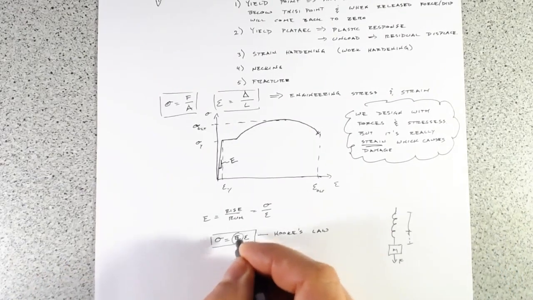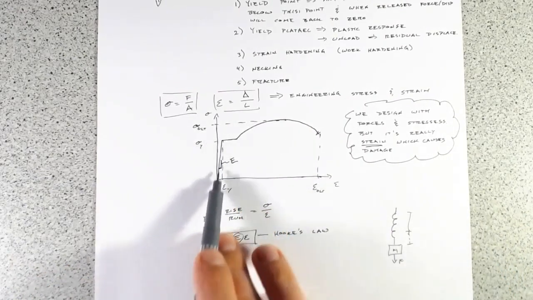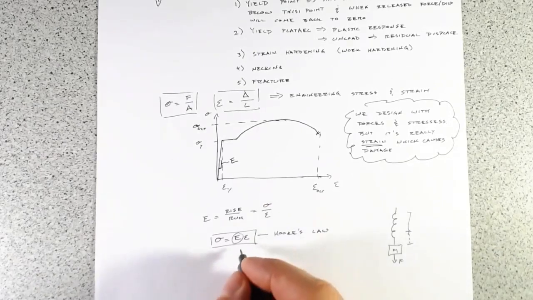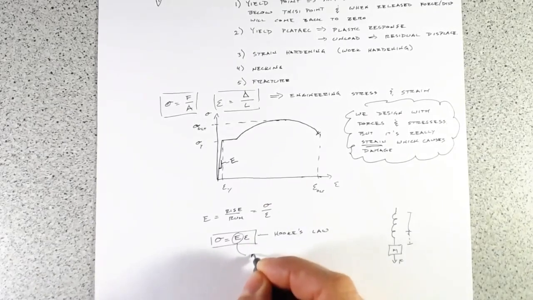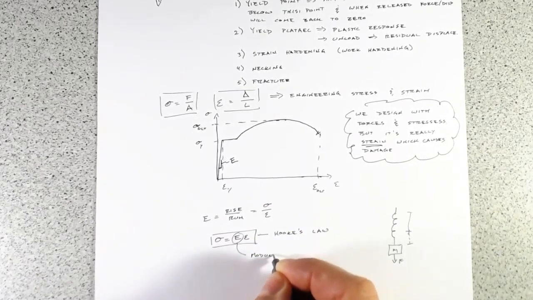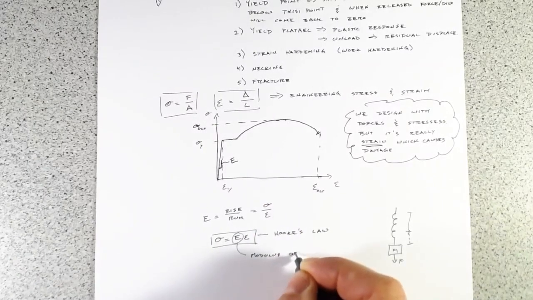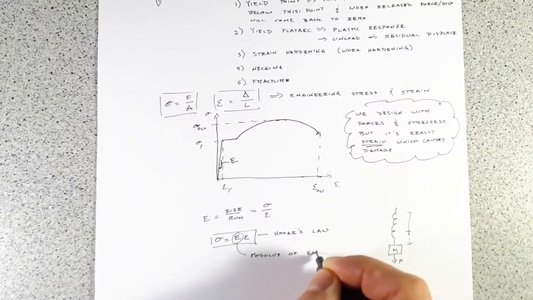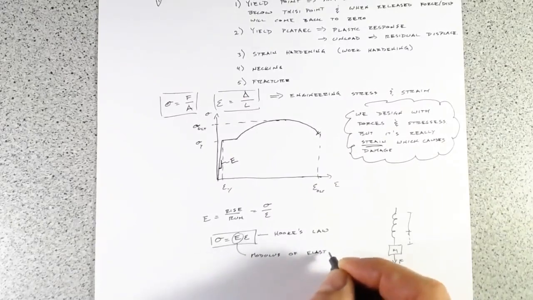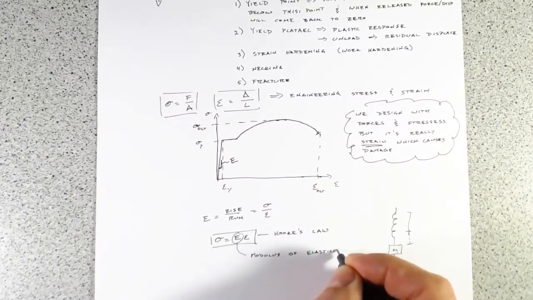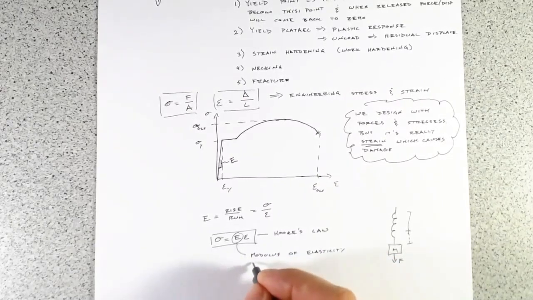But also this big value E, the slope of this line, has a special name. This is called the modulus of elasticity, also known as Young's modulus.